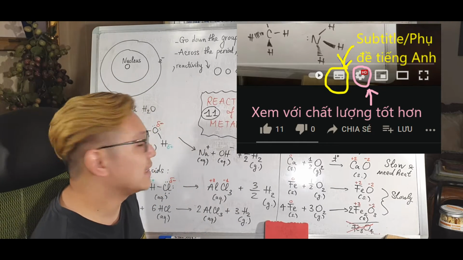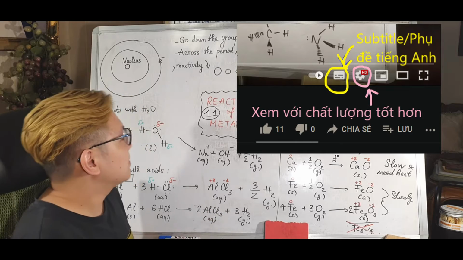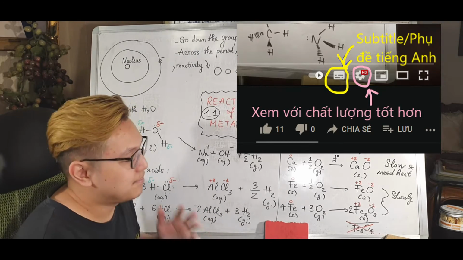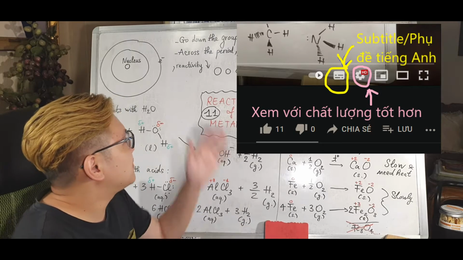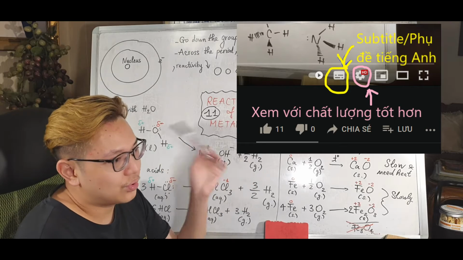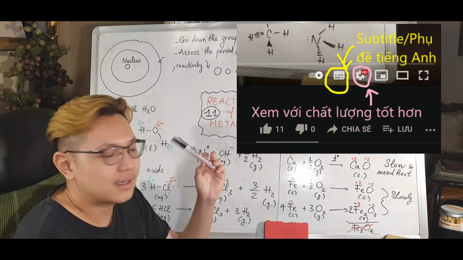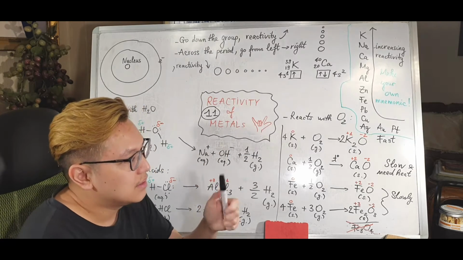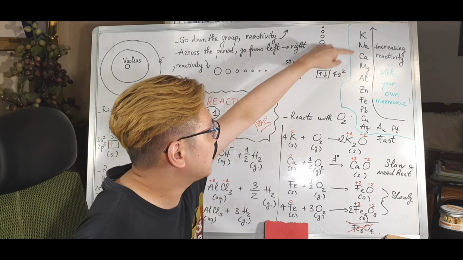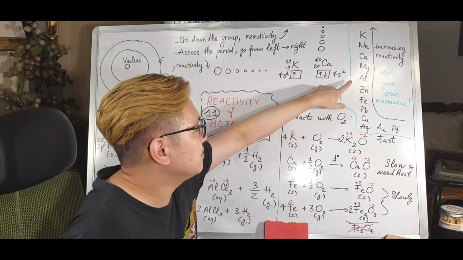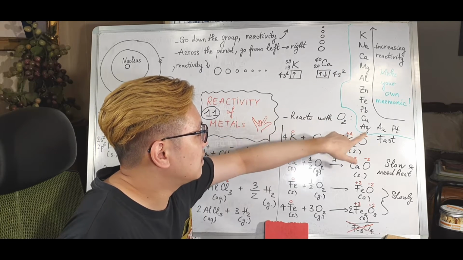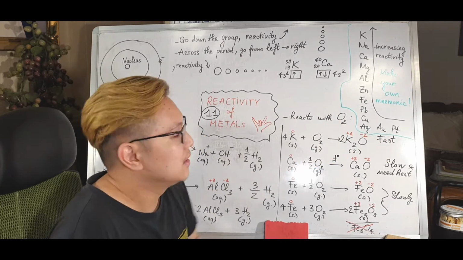So basically, if you have watched my other videos in this series, you should already know the periodic table and the trends. So we have group 1, group 2, 3, and so on. We have many different periods. So there are some common metals such as potassium, sodium, calcium, magnesium, aluminium, zinc, iron, lead, copper, silver, gold, and platinum.